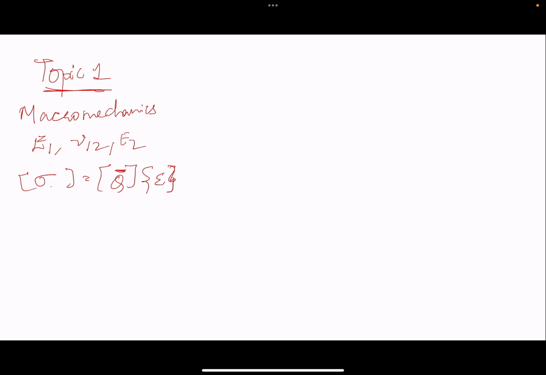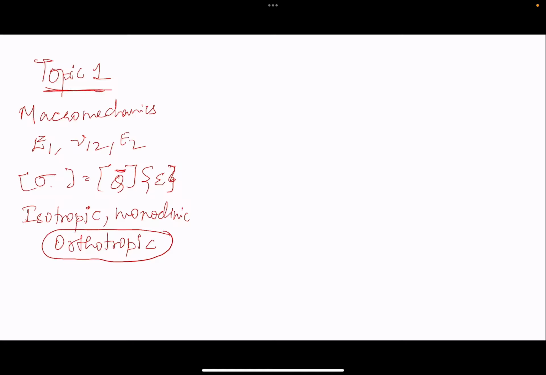First, we talked about, okay, what are the different materials: isotropic, monoclinic, orthotropic, and we said that composite materials fall in the orthotropic material category, which has 2 or 3 planes of symmetry, and that makes our life really easy.